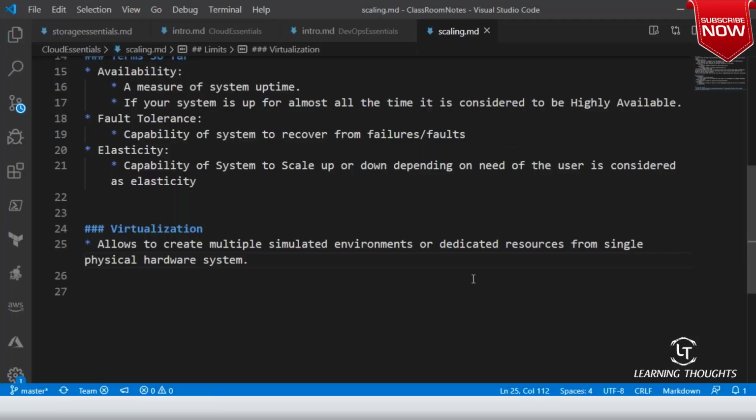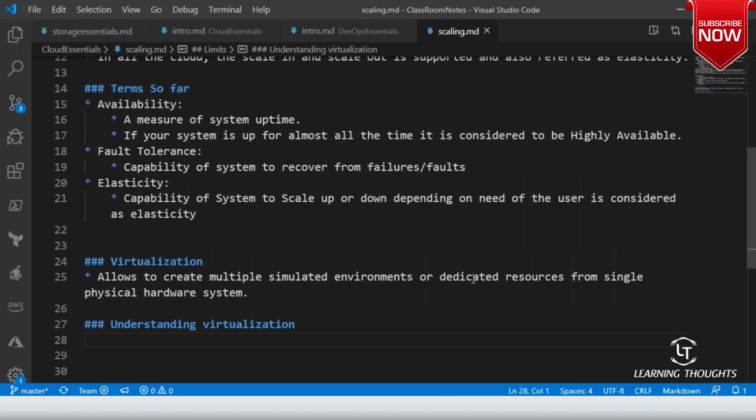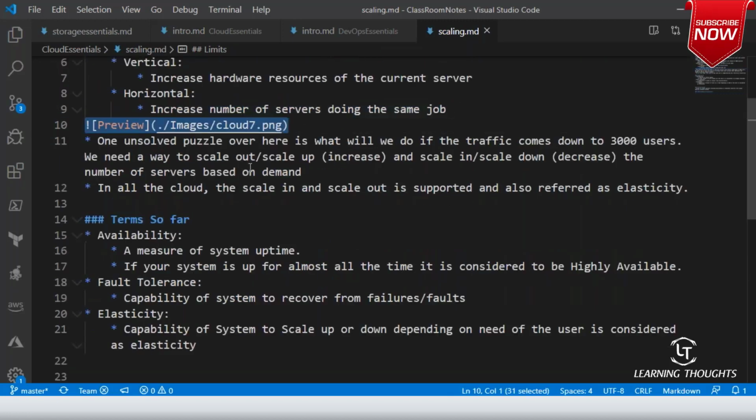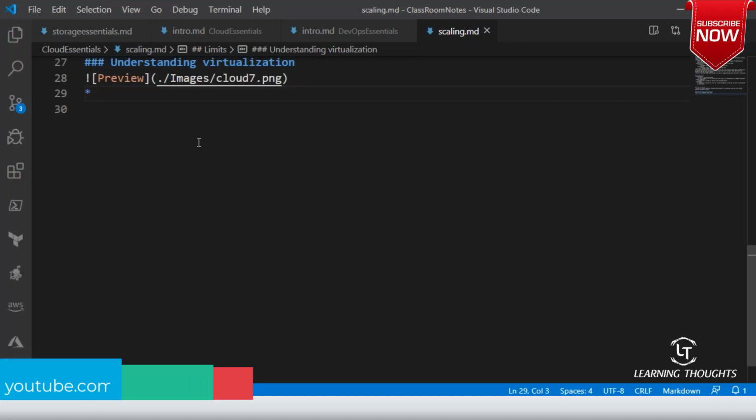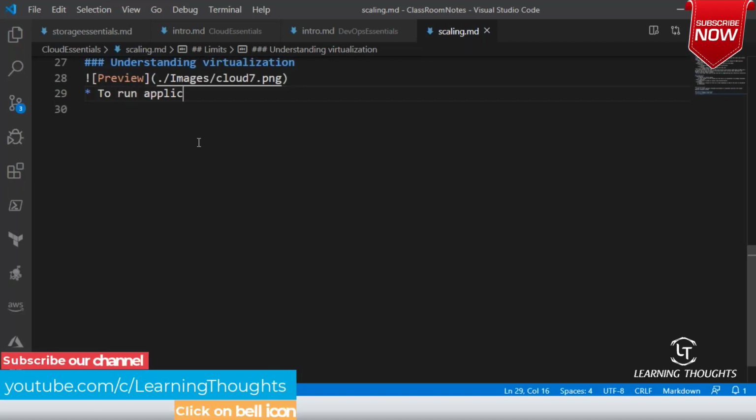Now, to run applications, we follow the above workflow.